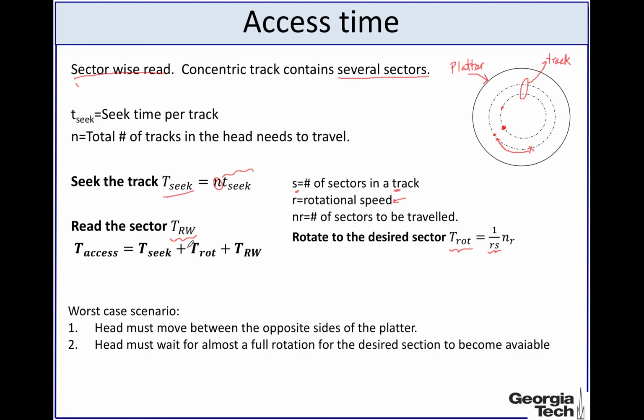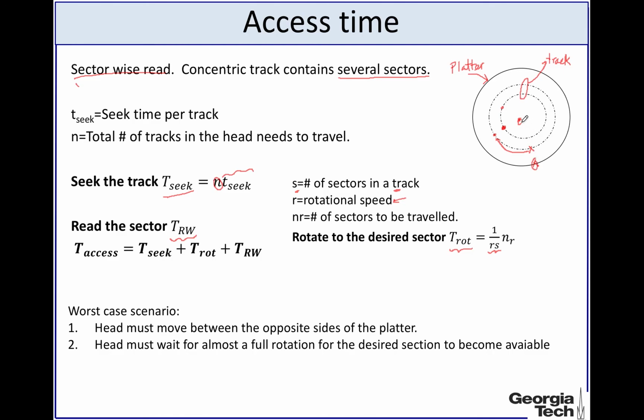Again, the access time or the read time will depend on the physical location of the data as well as the physical location of the head. And you can imagine the worst case scenario. In the worst case scenario, the initial location of the head is here and the data that you want to read is say over here.